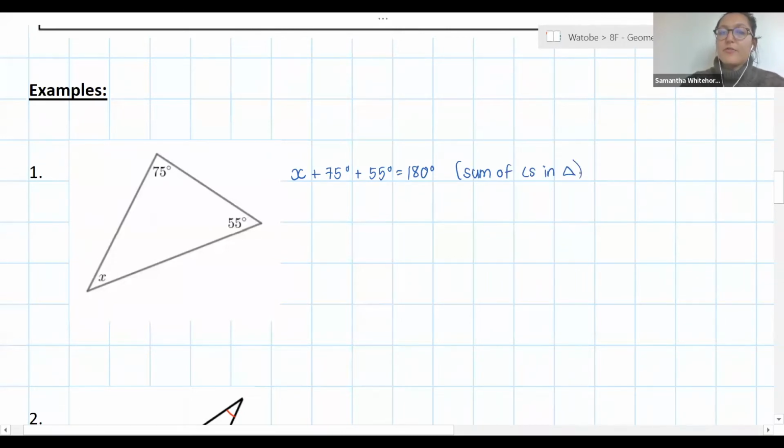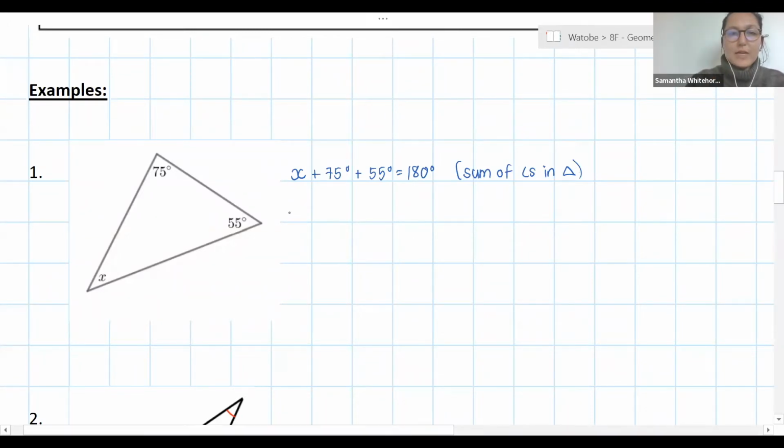Some of your reasons might look a little bit different, depending on what your teacher has spoken about in class. As long as the reason gets across the fact that angles in a triangle add up to 180 degrees, that's absolutely fine. If your reason looks different to mine, for example interior angles of a triangle, that's fine.